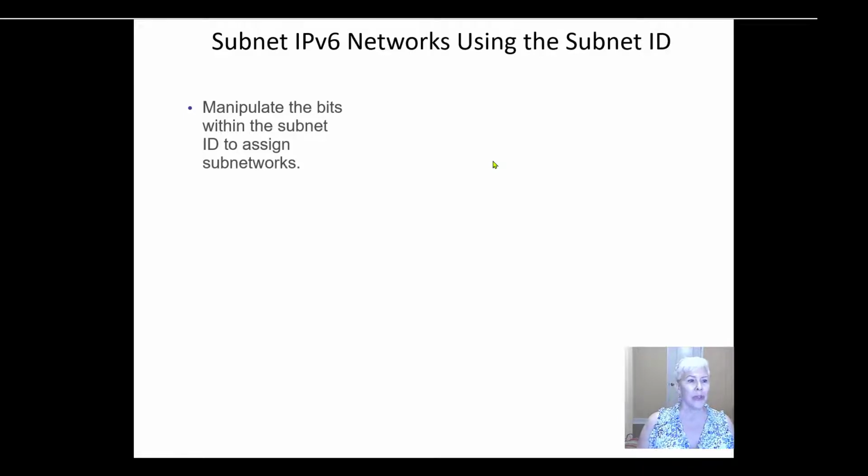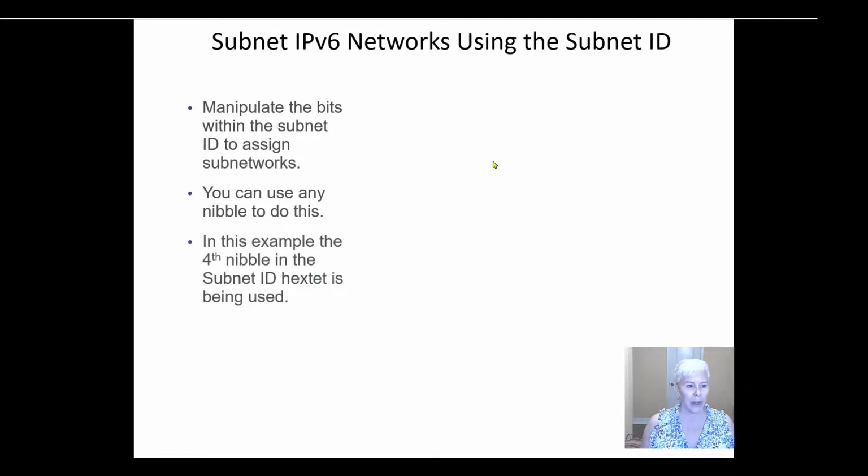We're going to manipulate those bits within the subnet ID to actually assign subnetworks. You can use any nibble within the four values of the subnet ID. And I'm going to do an example, and in this example, we're going to use the 4th nibble in the subnet ID.